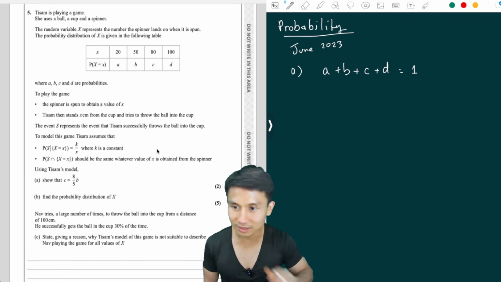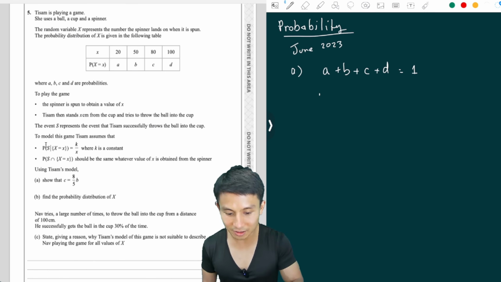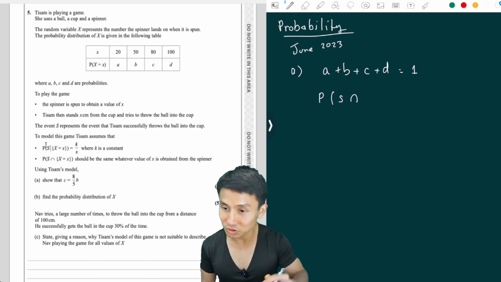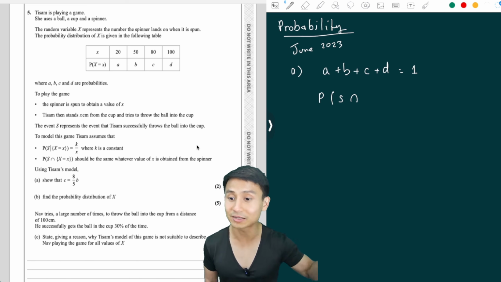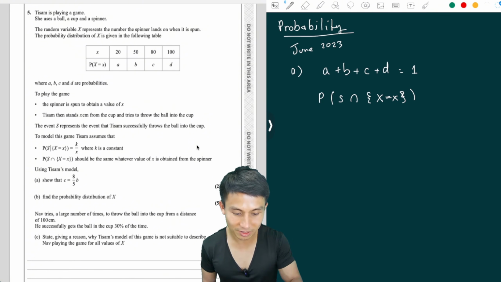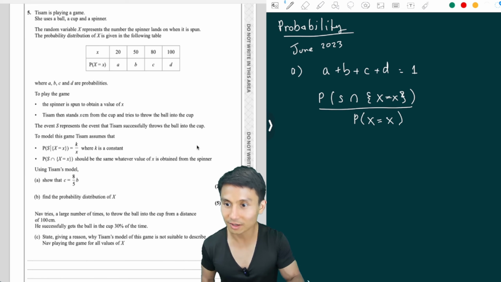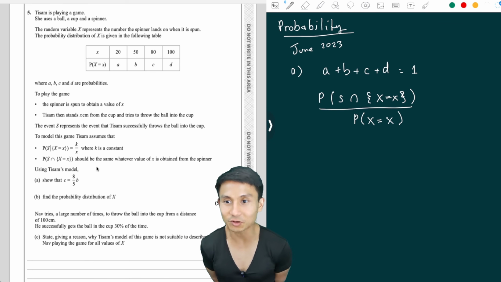According to the definition of conditional probability, this is Bayes' theorem, but you don't even need to know his name: P(S intersect X = x) divided by P(X = x). Here x can be anything, X = x, and S. And S is what?